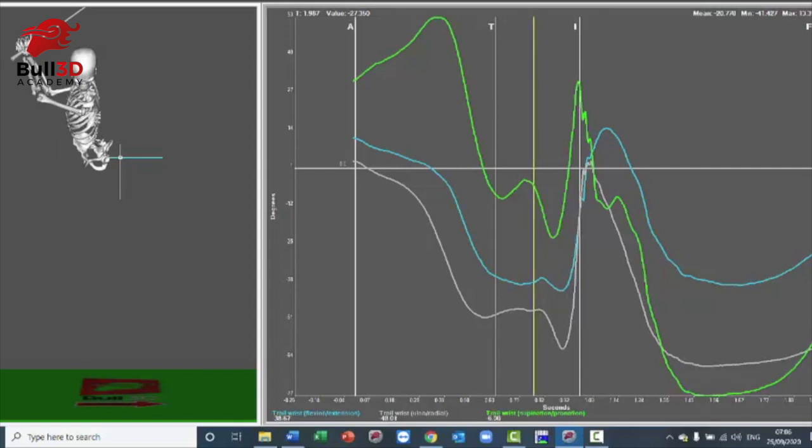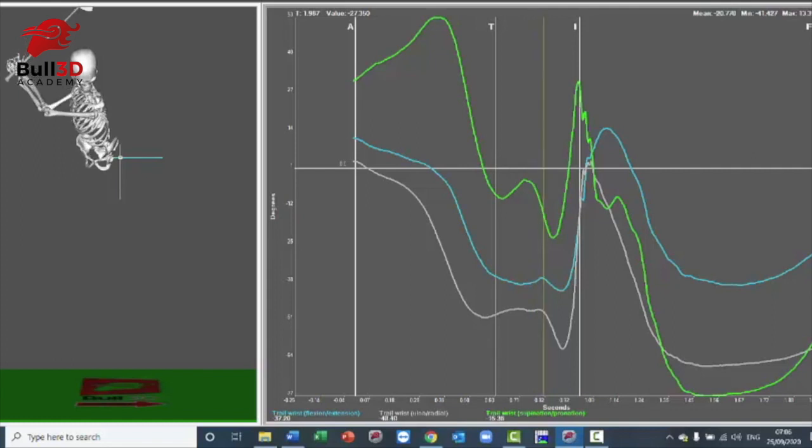Anytime you see the green plot, the blue plot and the silver plot rapidly spiking and dropping downwards, in essence increasing pronation, extension and radial deviation in downswing, there's significant history and case study evidence that relate back to issues such as trail wrist pain, elbow pain, right shoulder pain and neck pain.